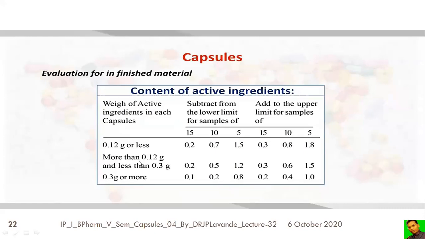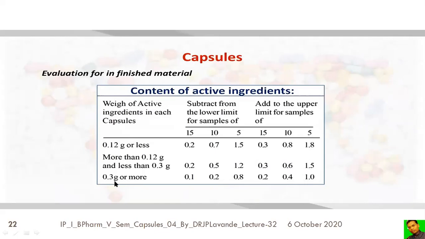If the active ingredient weight is between 0.12 gram and 0.3 gram, then the lower acceptance limit for 15 capsules is 0.2% and the higher is 0.3%. In case of 10 capsules, the lower is 0.5% and the higher is 0.6%. In case of 5 capsules, the lower is 1.2% and the higher is 1.5%.